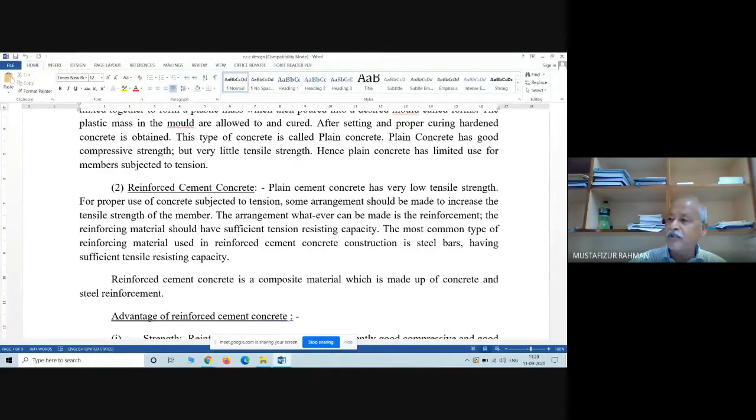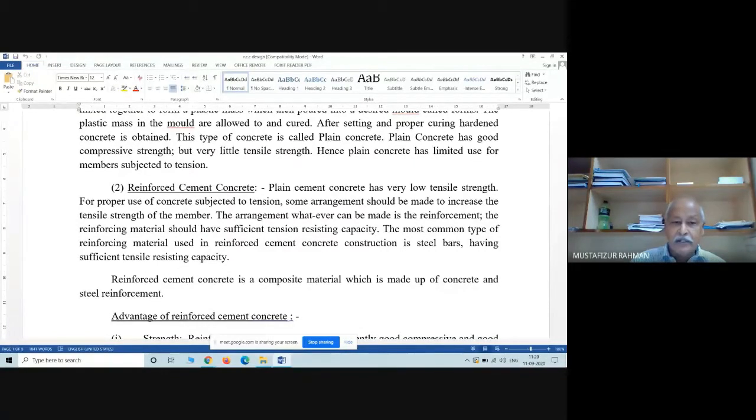When these strongly resisting elements are utilized inside the concrete, together it becomes a new material. That new material is called RCC, reinforced cement concrete.